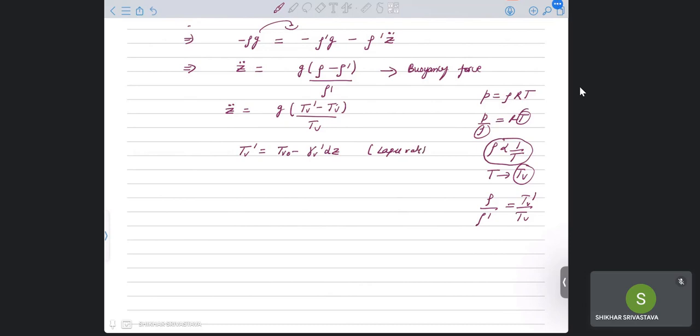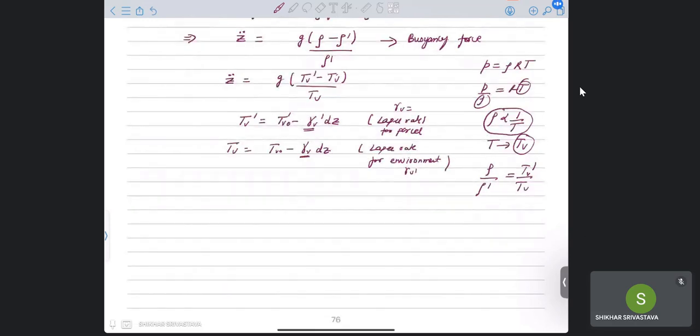Similarly, for the environment, TV is TV0 minus gamma V dz, where gamma V is the environment lapse rate and gamma V prime is the parcel lapse rate. Whenever you have a prime term, it is for the parcel.